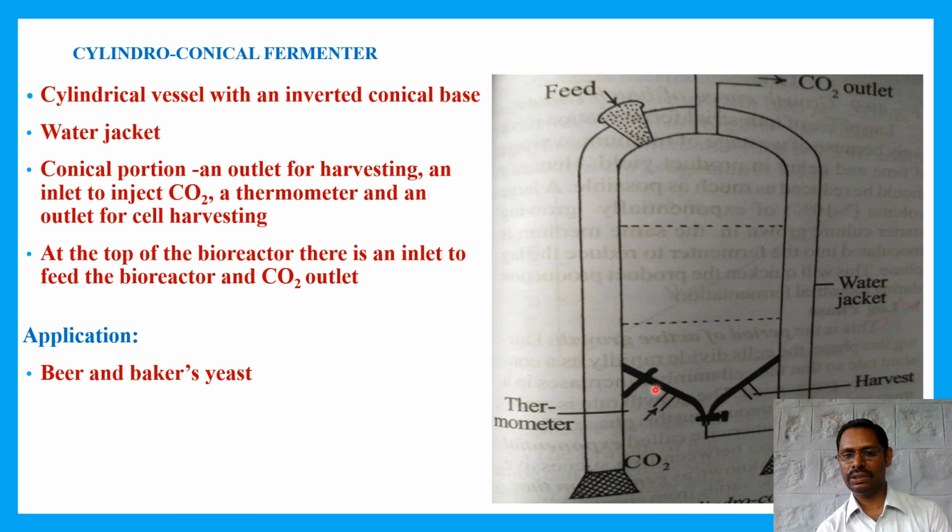Here the thermometer determines the temperature inside the vessel. This is the feed mixer at the top of the cylindrical vessel. The feed mixer can be introduced into the fermenter vessel. The application of this fermenter is the production of beer and baker's yeast.